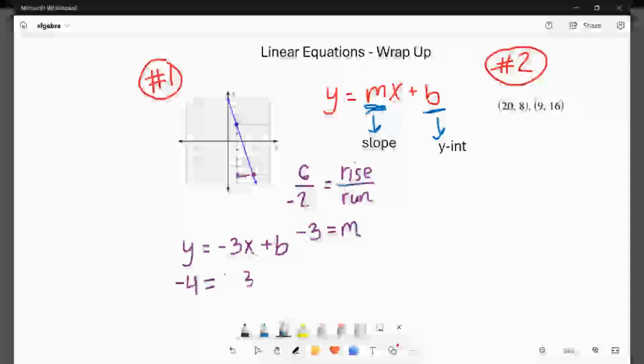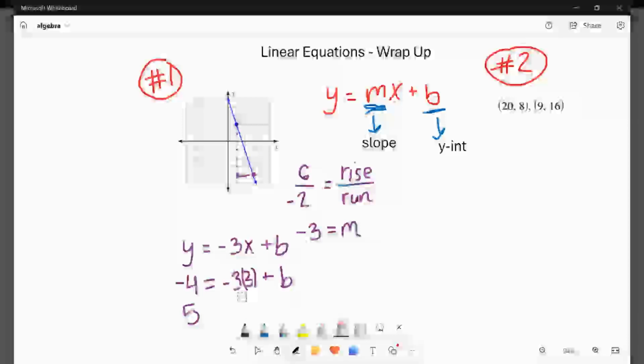So negative 4 equals negative 3 times 3 plus b. Negative 3 times 3 is negative 9. And if I add that 9 over here, I'm going to get 5 equals b.